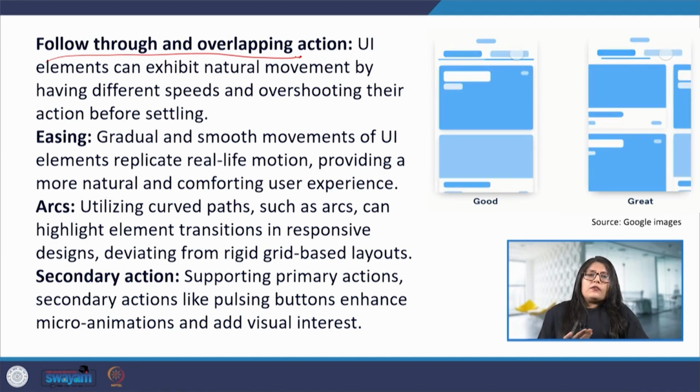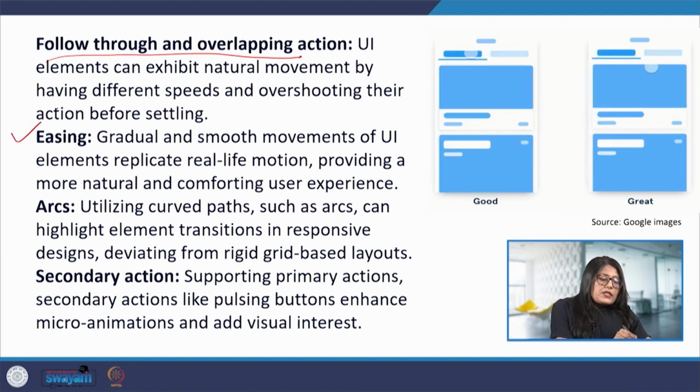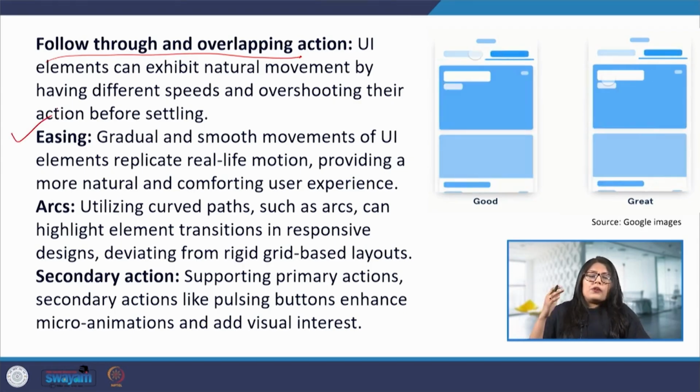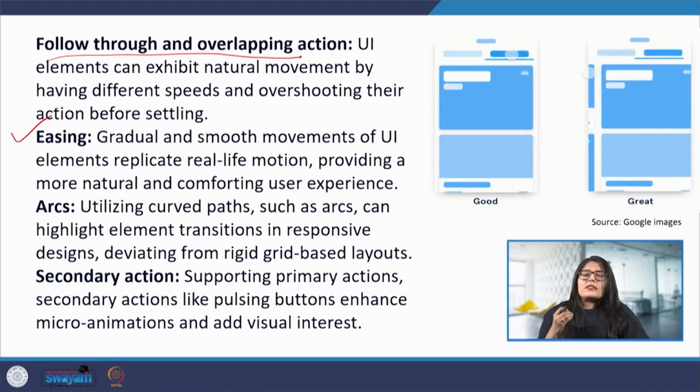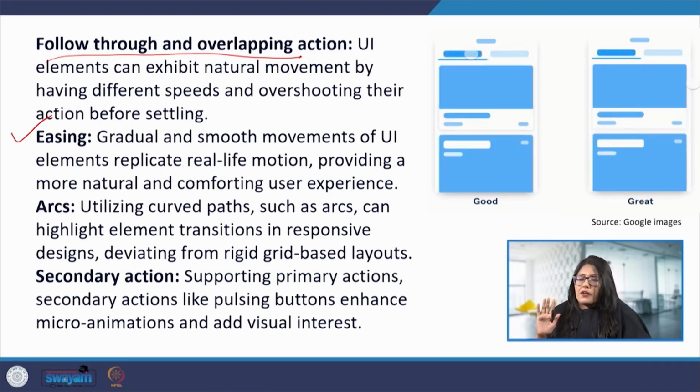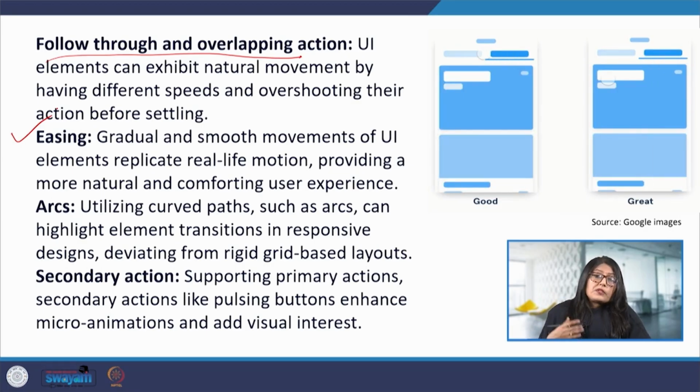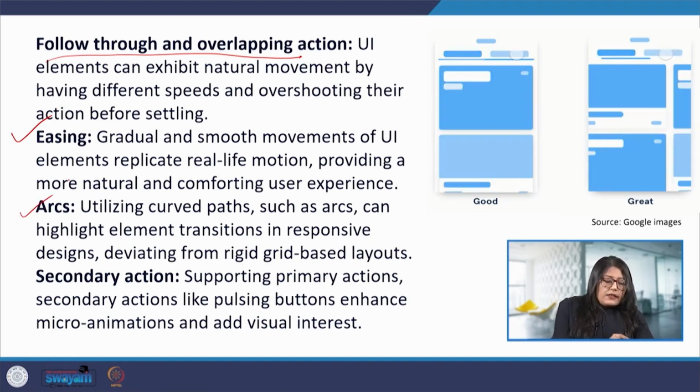So, we have seen one way which is easing, how a gradual and smooth motion replicates a real life motion, that somebody is running and then comes to a stop, for example. So, it gives a very natural experience to the user. The other is the arc.